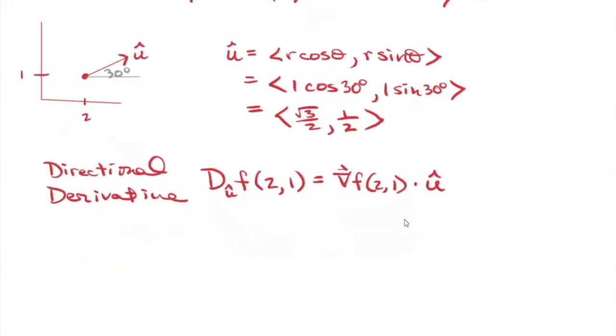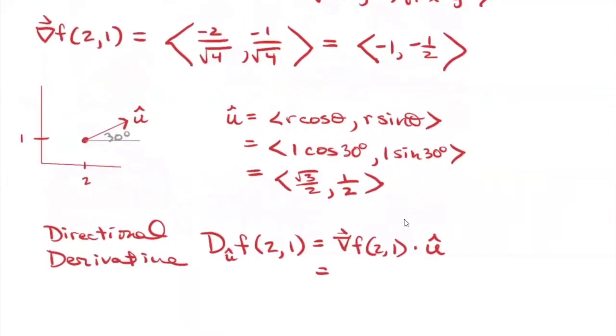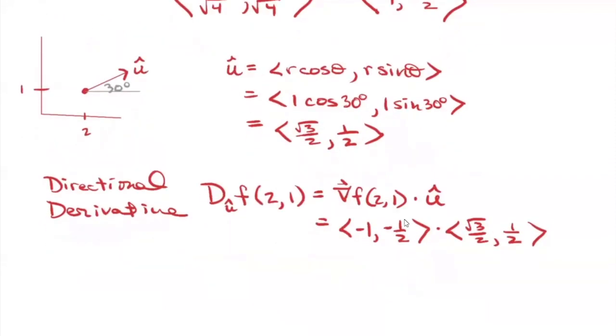Okay. So that's easy now. So the gradient was -1, -0.5, and we're dotting that with root 3 over 2, 1/2, like that. And remember, dot products are scalars, as are slopes and rates of change. They are scalars. So you're going to do a negative root 3 over 2 and -1/4.